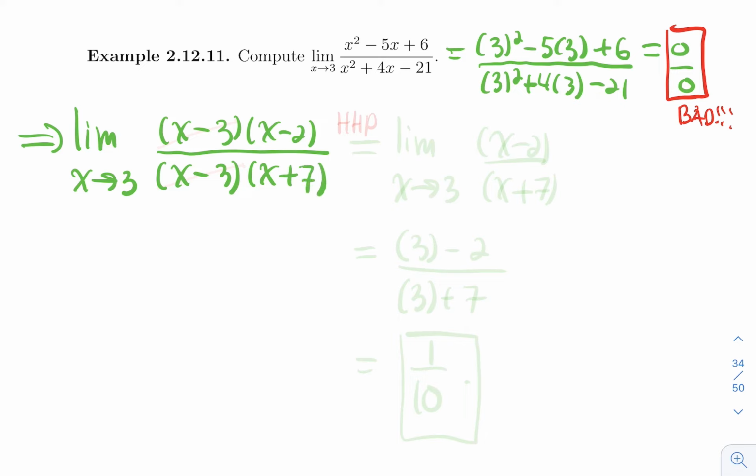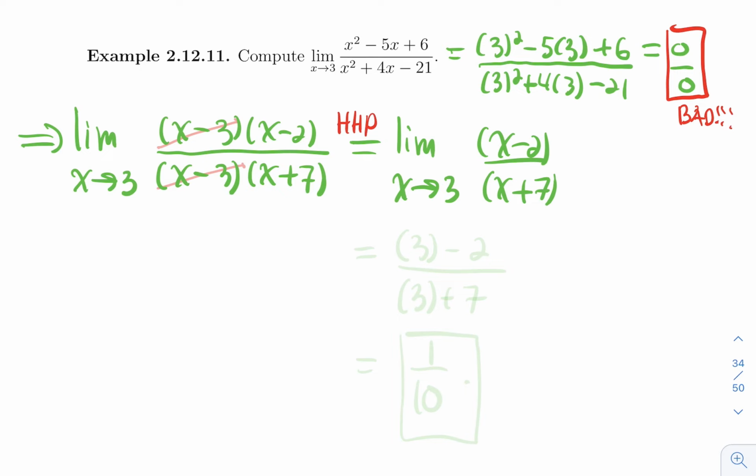And now here we go. We get this nice simplification, x minus 3 and x minus 3. This is where the 0 lives. After simplification, you get the limit as x approaches 3 of x minus 2 over x plus 7. This is a new expression that is not equal to the previous one, but it will have the same limit as the previous one.